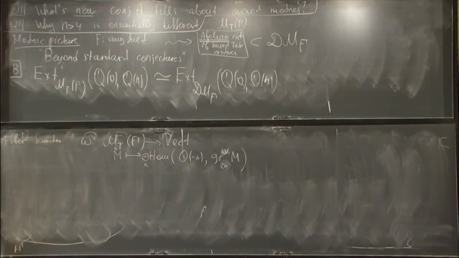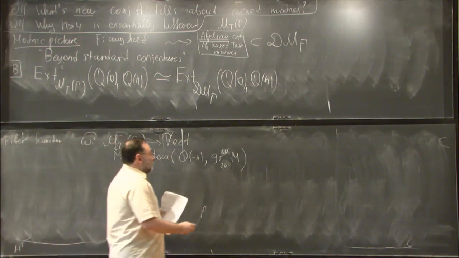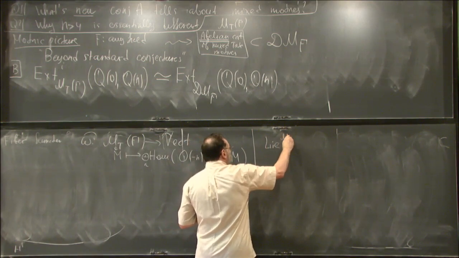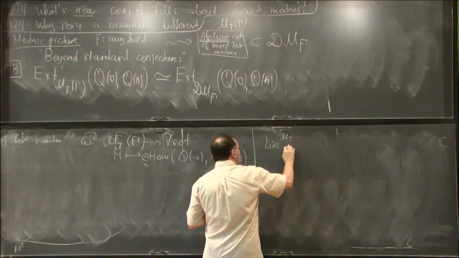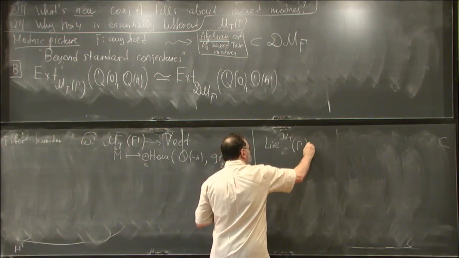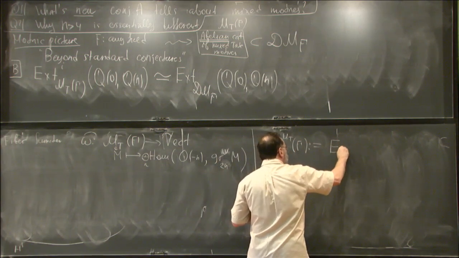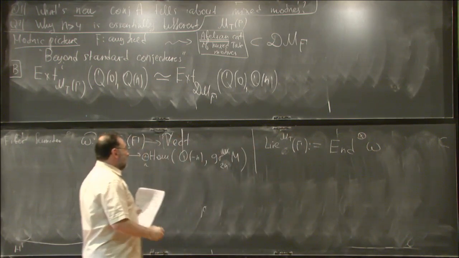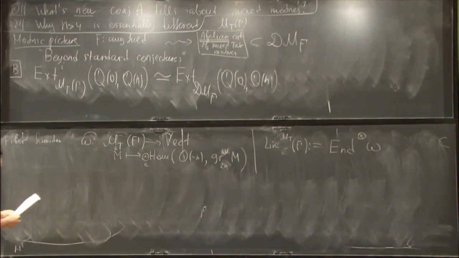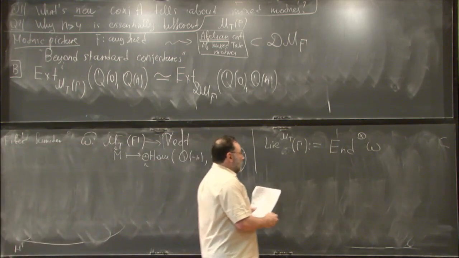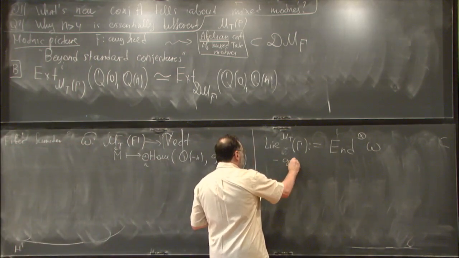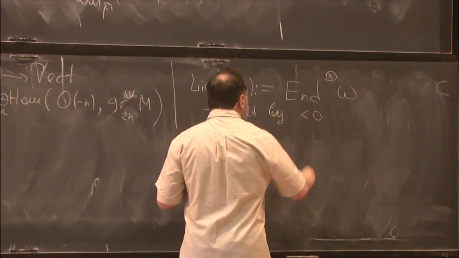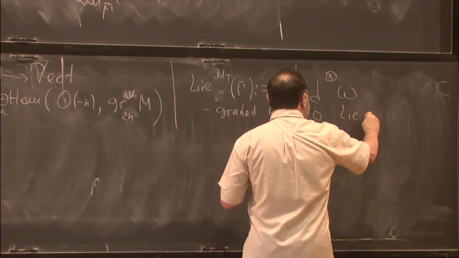So there is a fiber functor, and we can define the mixed Tate motivic Galois Lie algebra as the endomorphisms of this fiber functor which commute with the tensor structure in this abelian tensor category. So we get some graded Lie algebra, graded by negative numbers.